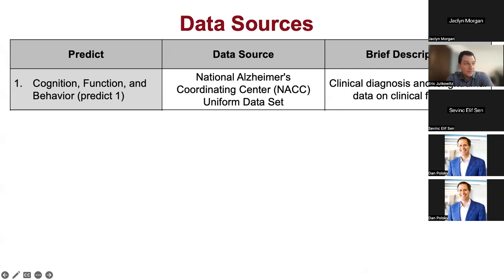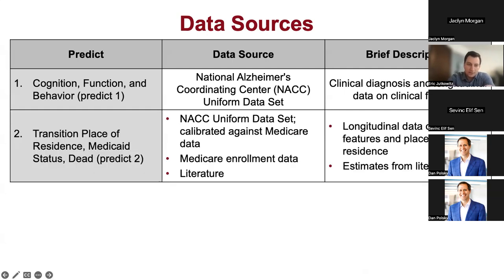The main limitation with NACC is that it is obtained from Alzheimer's disease centers. And so people who go to Alzheimer's disease centers, I think Johns Hopkins has one, are probably not representative of the average person with dementia. So there's a potential generalizability issue.